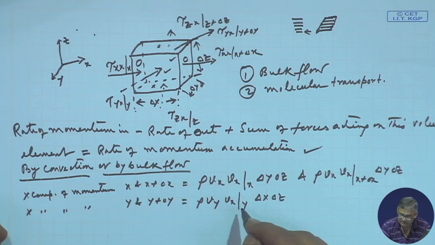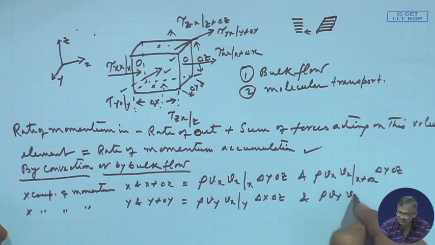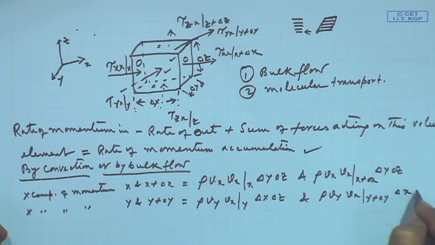This is for the face y. Similarly, for the face y plus delta y, it will be rho v y v x at y plus delta y into the area del x del z, right.